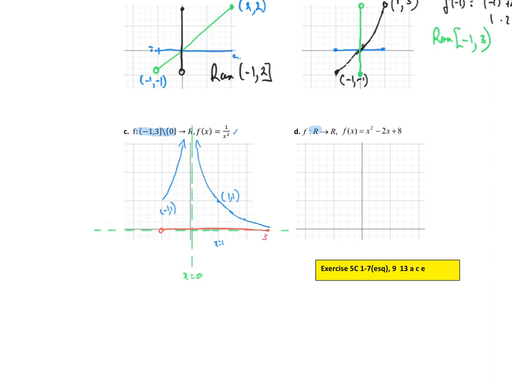Okay, so it's those two sections between negative 1 and 3. We've got negative 1, positive 3, solid dot there, which means I'm going to put a solid dot on the end of my graph and an open dot on that end of my graph.